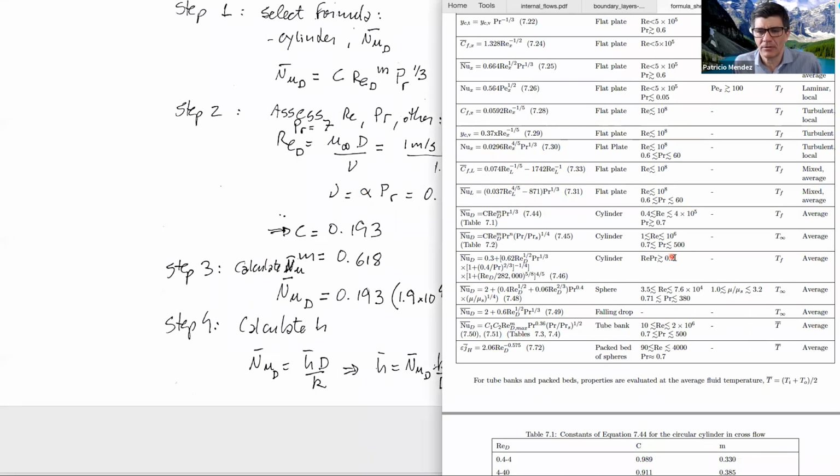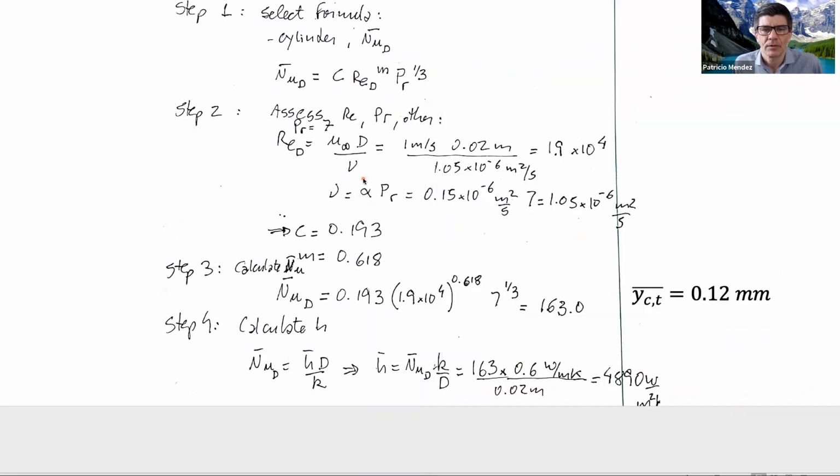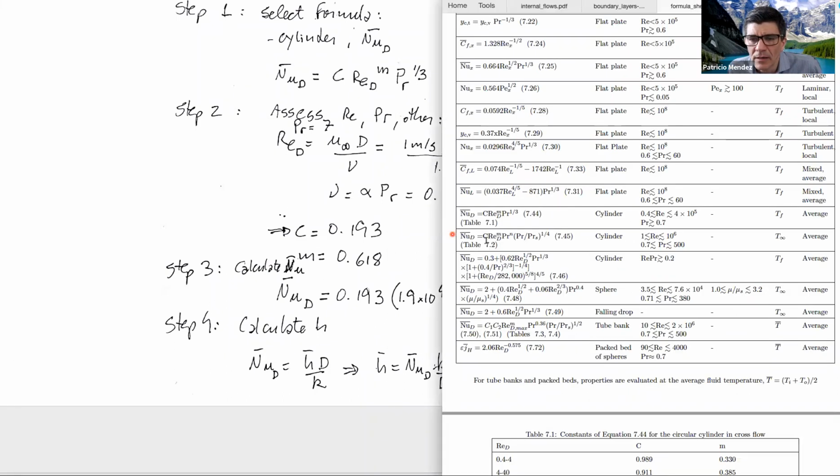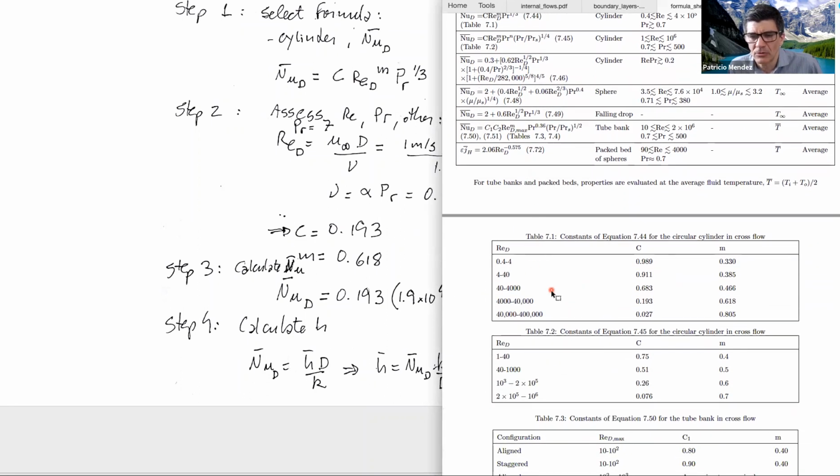Reynolds was 20,000 and Prandtl was 7. So let's go. Easy formula. Let's go to table 7.1. So 20,000.